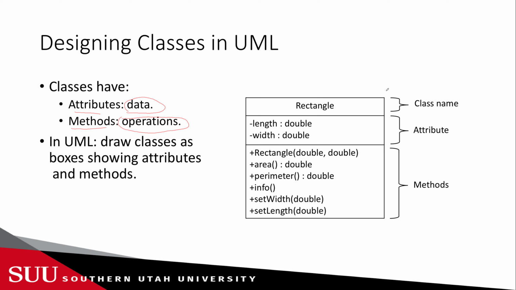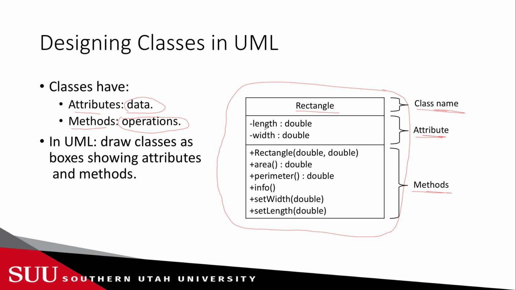So in this example, what I have is a class that is represented by this whole box, and the class's name is rectangle. So the box will contain three parts. The first part is the class name, the second part is going to be the attributes, and the third part is going to be the methods, which are the operations that will work on that class.